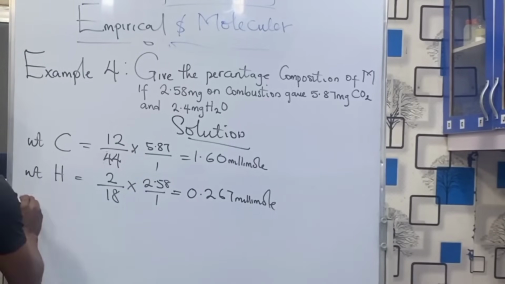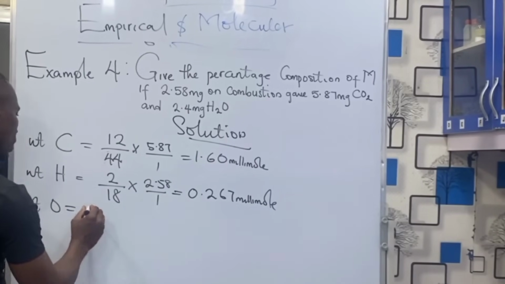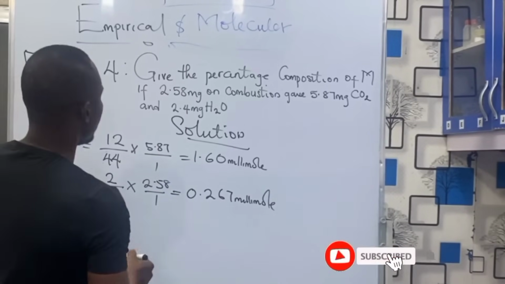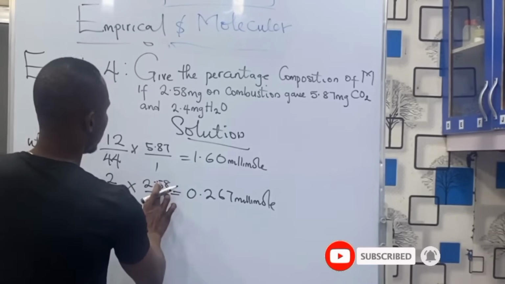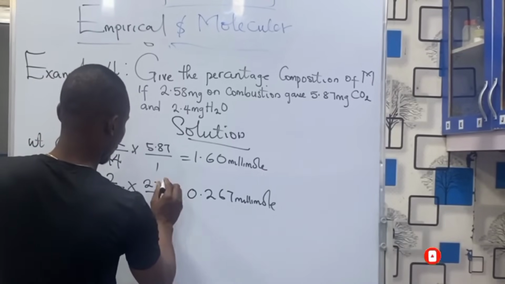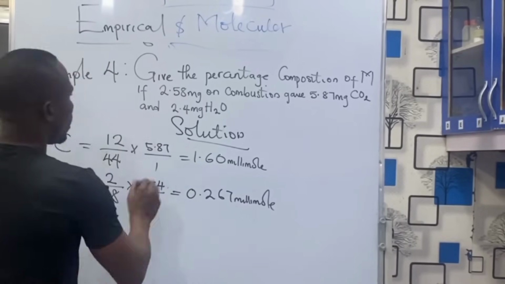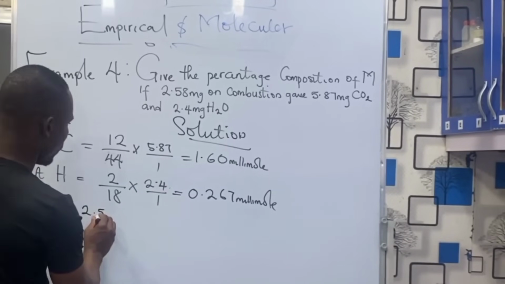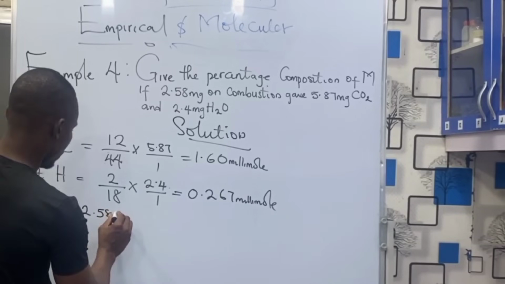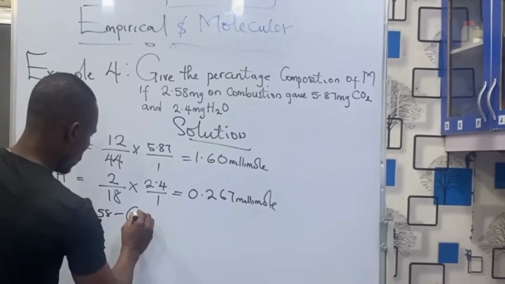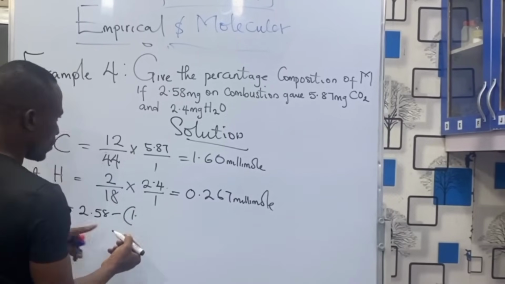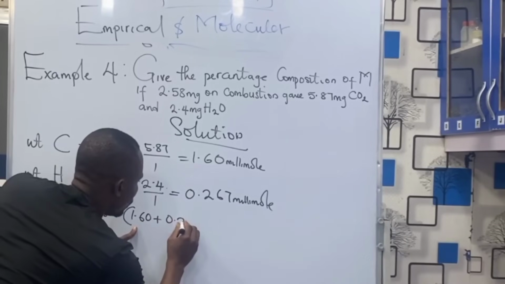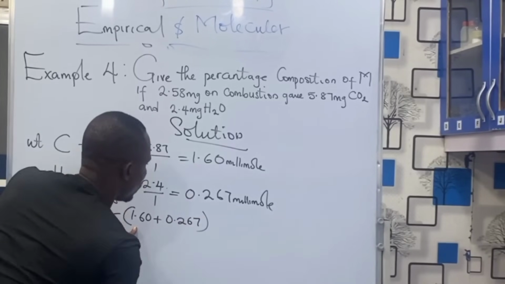Same thing, of course, for the weight of oxygen: the overall weight of the compound minus the weights of carbon and hydrogen. The weight of hydrogen here is 0.267 and the overall weight is 2.58, so 2.58 minus open bracket, weight of carbon 1.60 plus 0.267, weight of hydrogen.